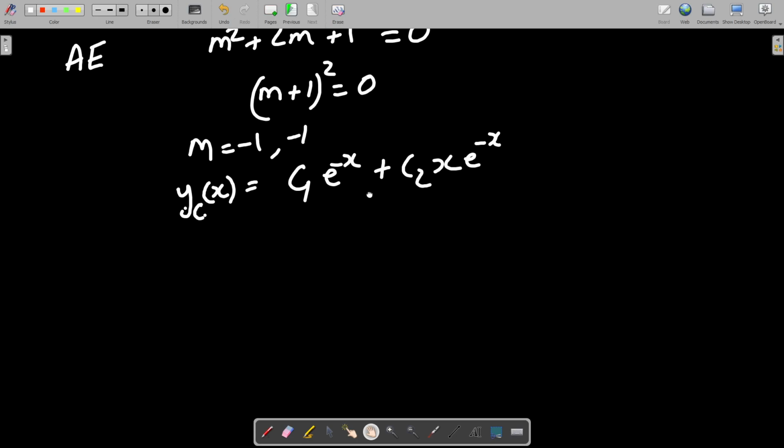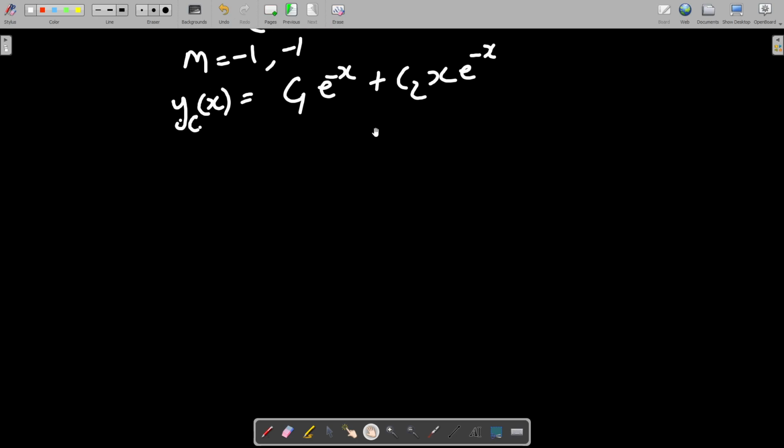So now we have to find yp. Let y1 of x be e raised to minus x, y2 of x will become x e raised to minus x.